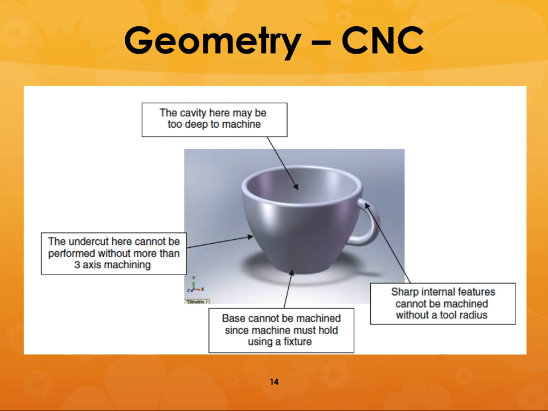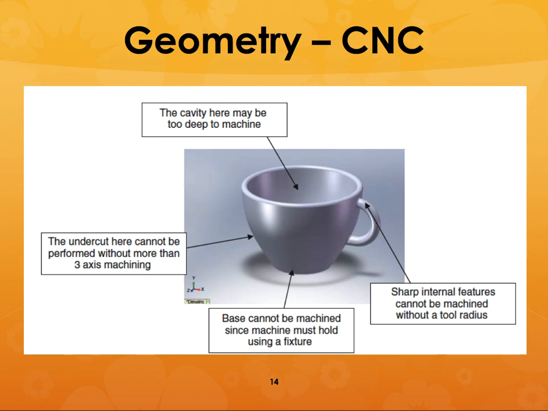So take the example of a simple cup. Now, it could be cast, but if you are going to be machining this kind of a component, the base cannot be machined because the machine must also hold it using a fixture. You cannot have sharp internal features without a tool radius, and you cannot have undercuts without more than 3-axis machining.